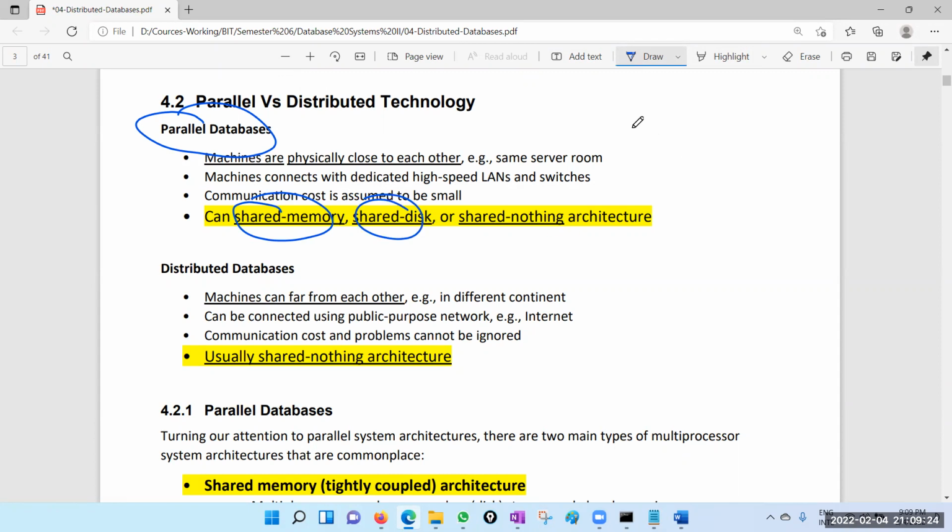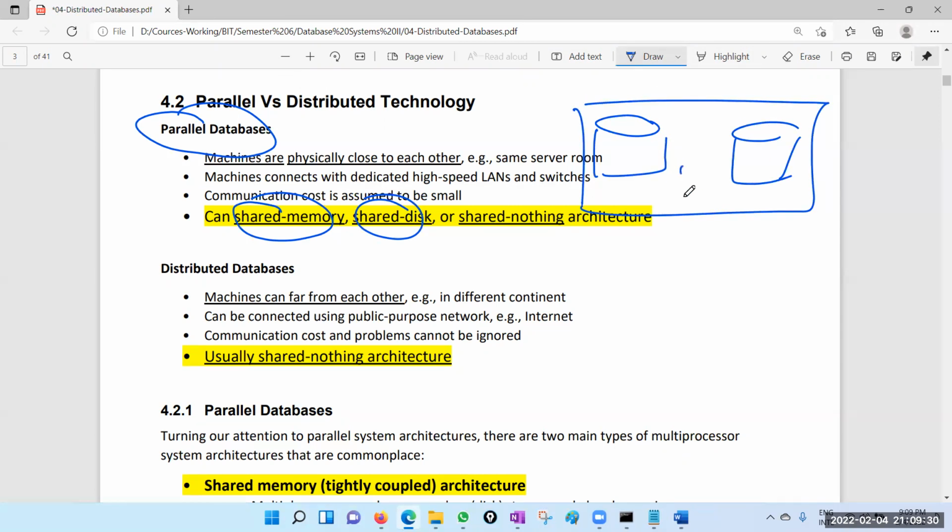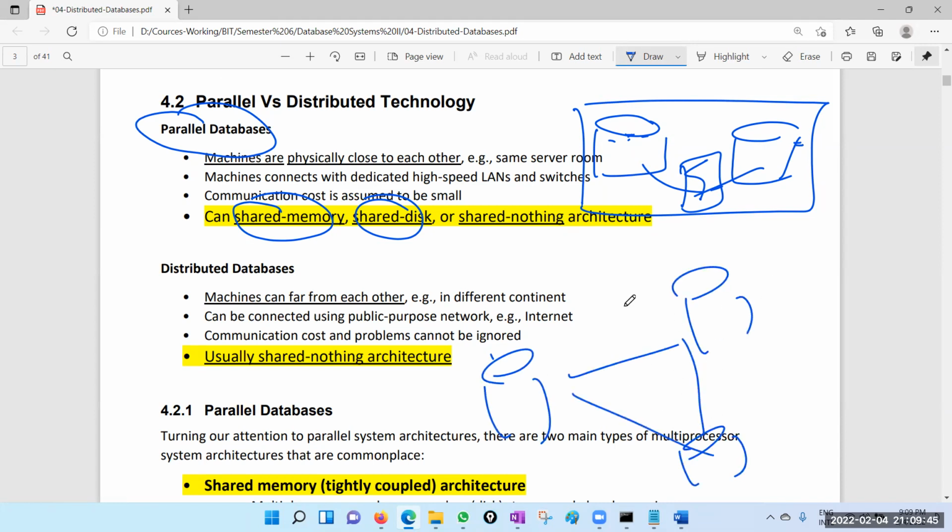Maybe you have one database in the same computer, and even the memory is shared, but maybe two copies are there. Those are parallel databases, not distributed databases. Distributed database means your databases are in different, distinct sites.